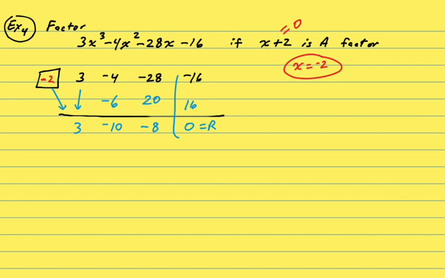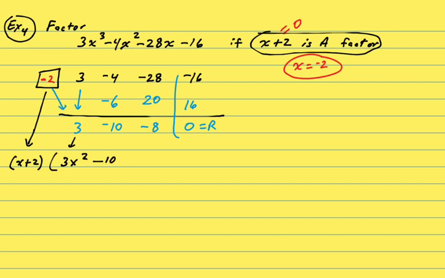But here's what this means, and here's where a lot of people fall apart at this point. X plus 2 is a factor. That comes from this. Also, it tells me it's a factor, right? What does this mean? 3x squared minus 10x minus 8.